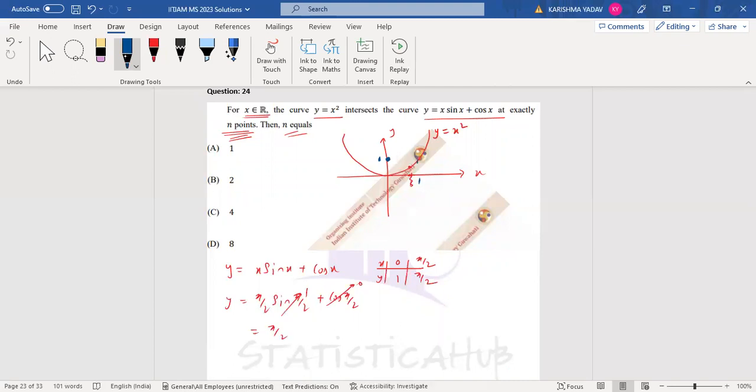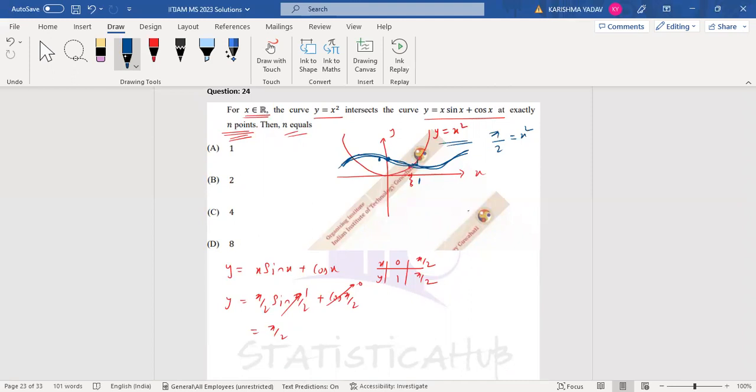Let's just see where it will intersect here. If I put y equals pi by 2 and that equals x square, so I think the curve will go like this, right? So the curve is going through the point 0 comma 1, and it is like pi by 2 comma pi by 2.